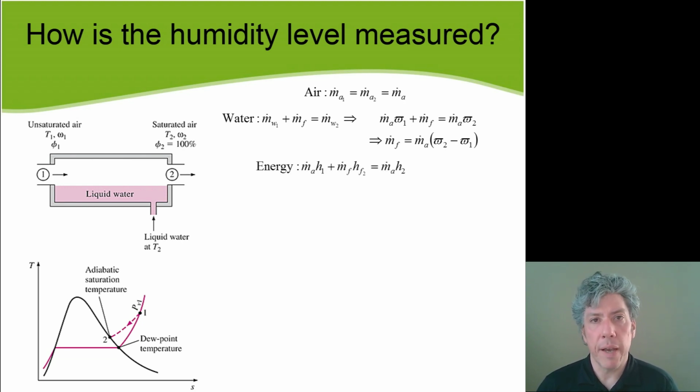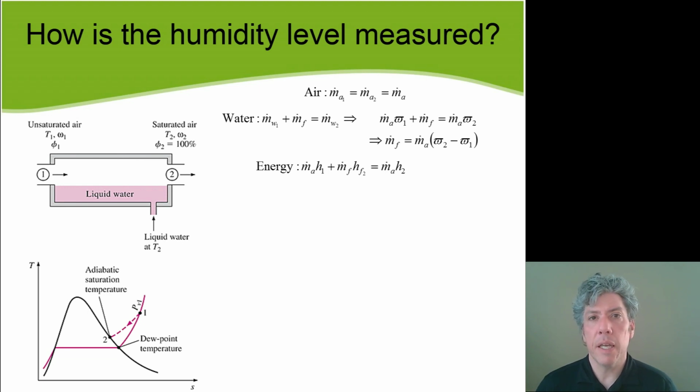Now, we also have to write an energy balance in order to get anything useful out of this analysis. And so let's think about the amount of energy and where it comes from. So some of the energy comes in at state 1, right? The air that comes in carries enthalpy in both the air and the water vapor, and all of that is captured in H1. The liquid water also brings in energy. Hf2 there is just the enthalpy of saturated liquid at T2, because that's the temperature of the liquid water.